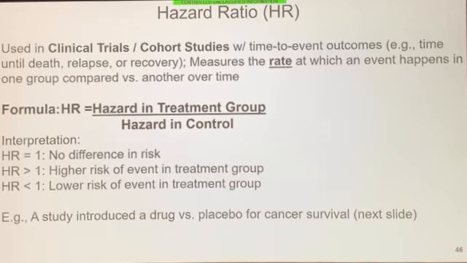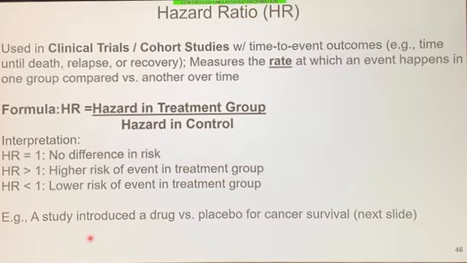And so this study design lets us capture the entire amount of time a person or a sample was in a study, because in most studies, if a person drops out, you're not able to use that data. This design lets us use that information. So the formula, very similar: hazard in the treatment group over hazard in the control. The interpretations are exactly the same.